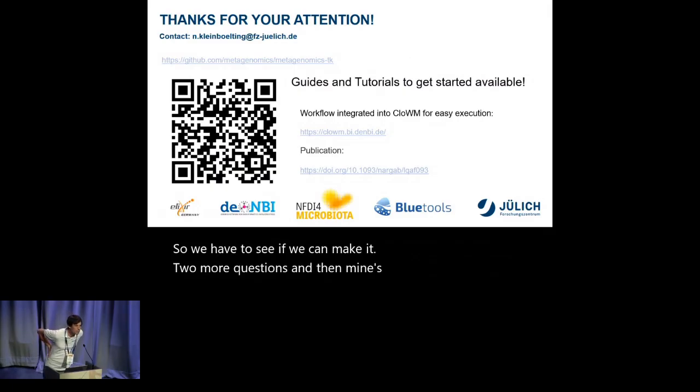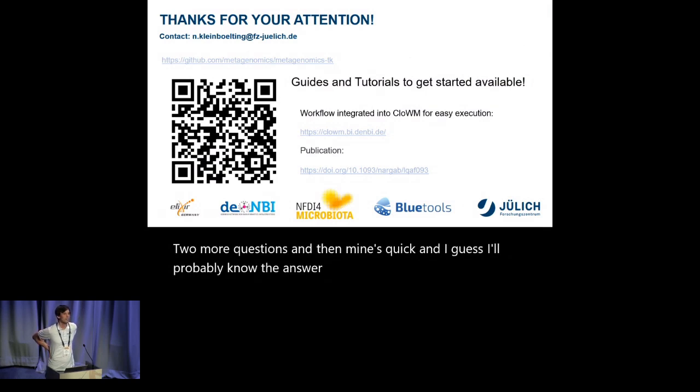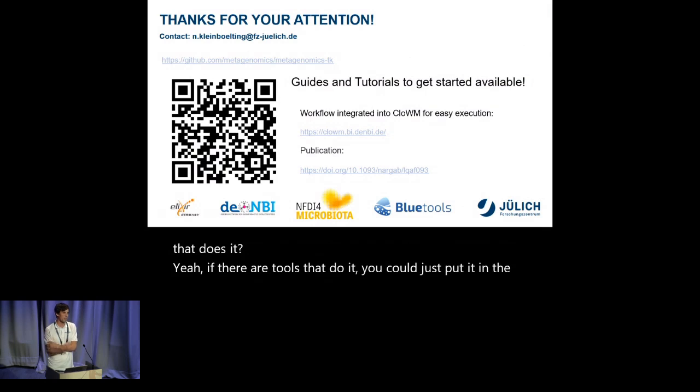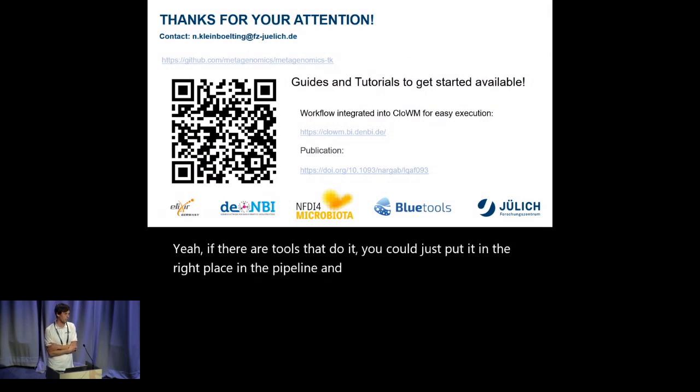Mine's quick, and I guess you probably know the answer already. How easy would it be to incorporate viral hunting into your workflow? So you can make viral genomes from metagenomes. As long as there's a tool that does it, and there are a bunch of different tools, you could just put it in the right place in the pipeline, so a single tool is quite easily integrated.